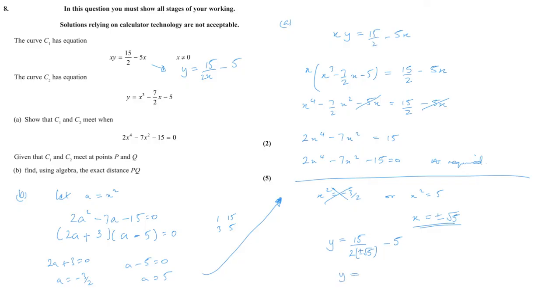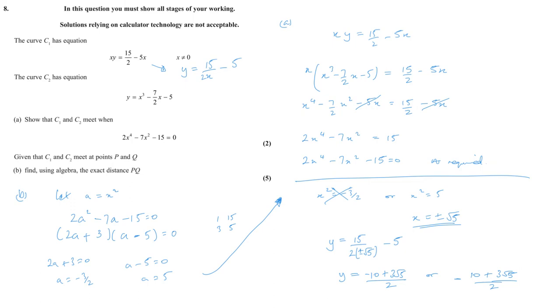And that gives me minus 10 plus 3 root 5 over 2. And then if I do 15 over minus 2 root 5 minus 5, we get minus 10 plus 3 root 5 over 2.